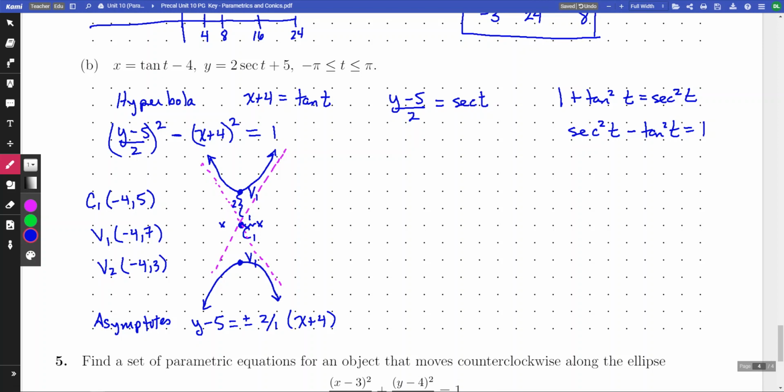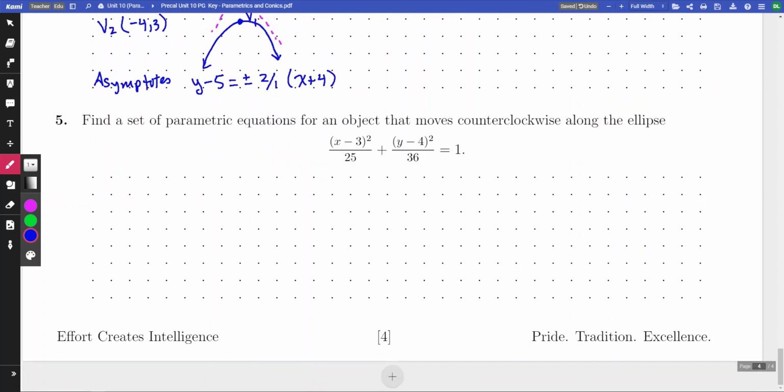Okay. And last, certainly not least, find a set of parametric equations for an object that moves counterclockwise along the ellipse, and we're given the equation of the ellipse.